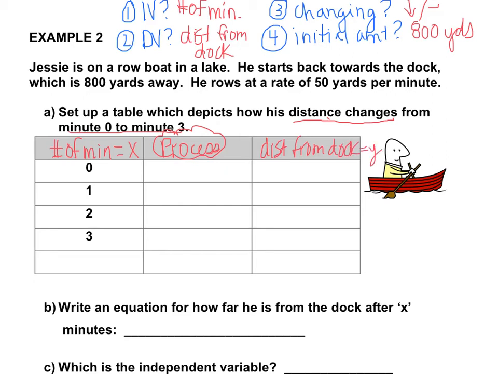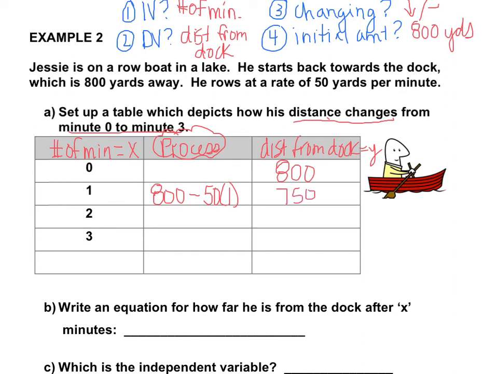All right, so at 0 minutes, he's at his initial amount, which is 800 yards. If he rows at a rate of 50 yards per minute, then we're going to take that initial 800 minus 50 yards times that 1 minute. Okay, so now he's 750 yards from the dock.